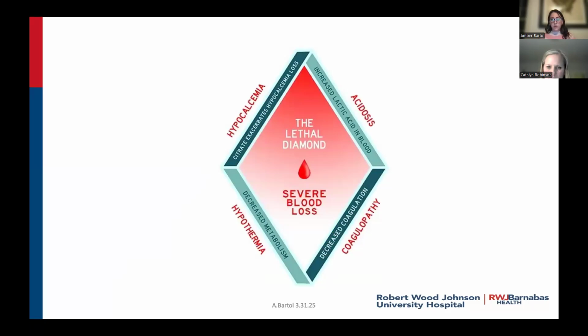The reason we add hypocalcemia here is because most of the time when we have a patient that is bleeding and is stuck in this trauma triad, we are trying to fix it by giving them blood products. When we're giving lots and lots of blood products to people, especially PRBCs, those blood products have to be preserved somehow. And the way that they're preserved and they don't stick together is by being processed with citrates.